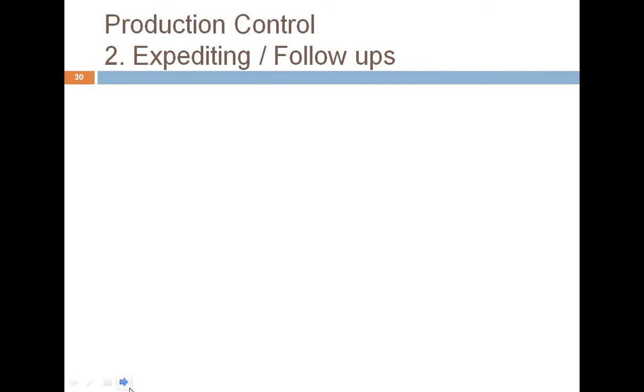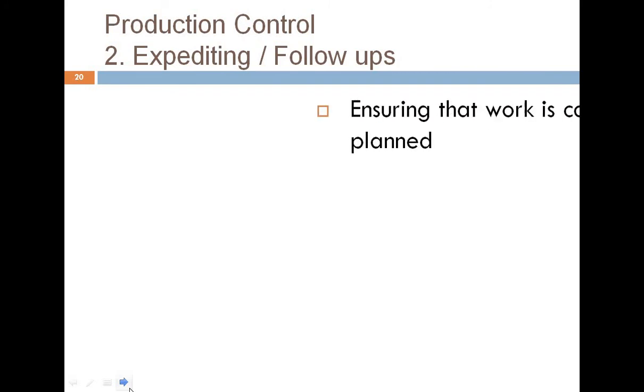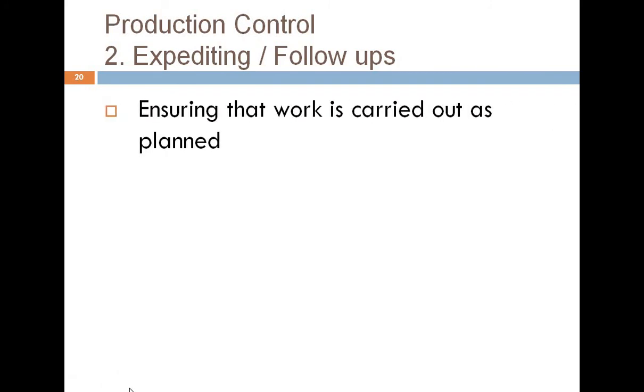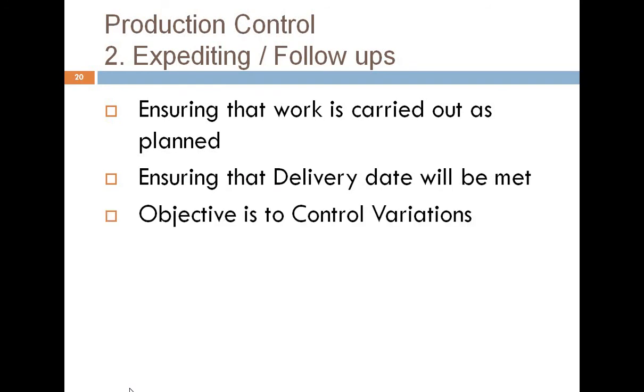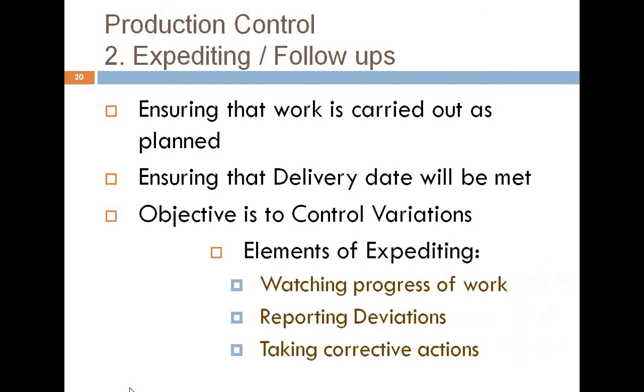Now, next is expediting, which means follow-ups, ensuring that work is carried out as per plan. Whatever plans we have decided and communicated to the foremen, to the department, to the workers, they need to carry out the work as per the plan, ensuring the delivery date will be met. The major objective of follow-up is to control the variation so that there will be no variation between the planned and the actual work.